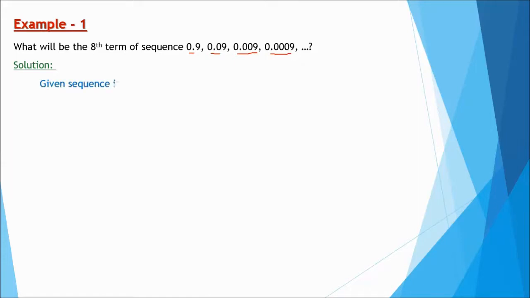Given sequence is 0.9, 0.09, 0.009, 0.0009, isn't it?